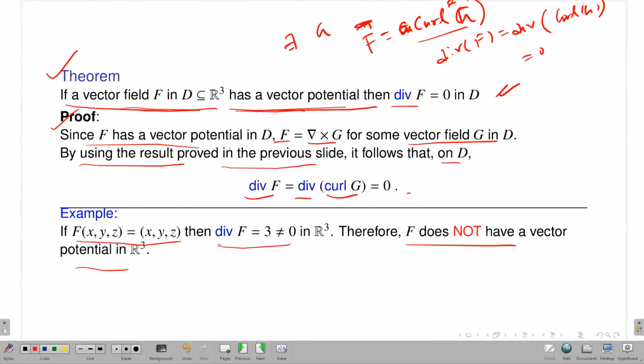But if I have a vector field whose divergence is not 0, that automatically implies that the vector field cannot have a vector potential. For this example, the divergence is non-zero. So therefore this vector field capital F does not have a vector potential. Okay, it is just an application of the earlier theorem.